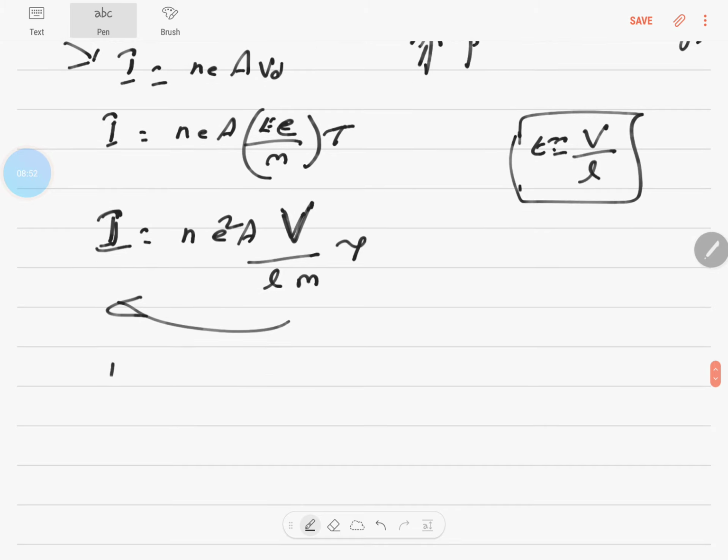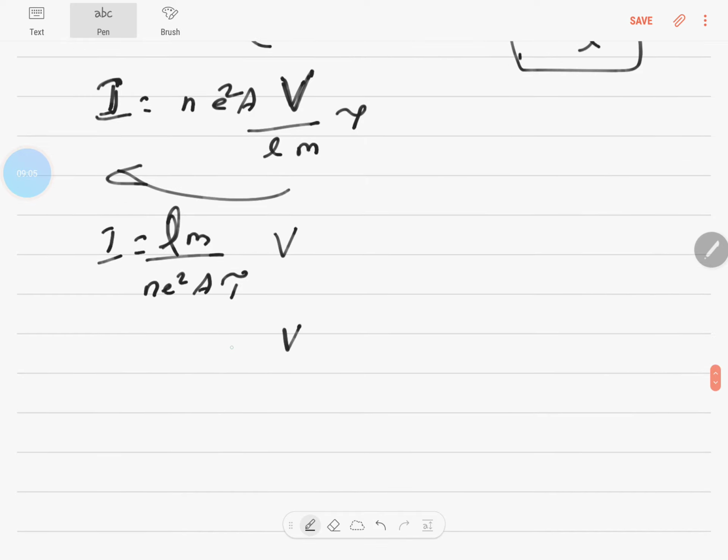And so I, and you have an L m by n e squared A, and T here, relaxation time, with a V, and this is of the form V is equal to I. So you've shifted it to the left side. So you get it like this. And can you group L by A separately and m by n e squared T?